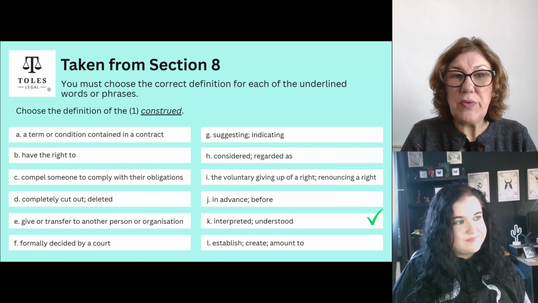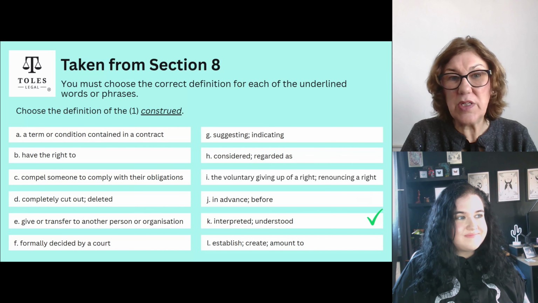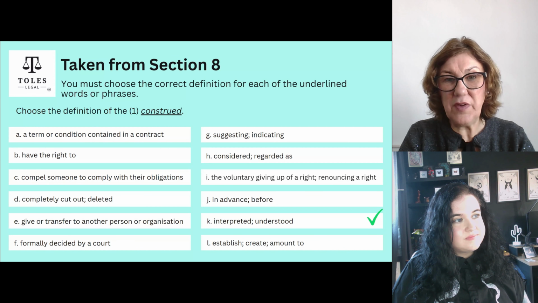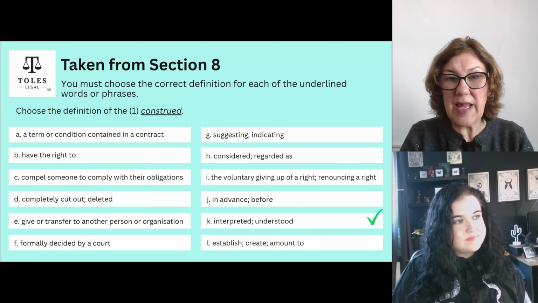To construe means to interpret or to understand. So construed is interpreted, understood. And we take you through a section of a contract, and for every underlined word, you've got to choose what it means. I hope you got that one correct.